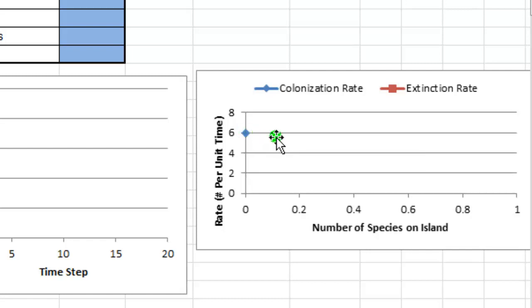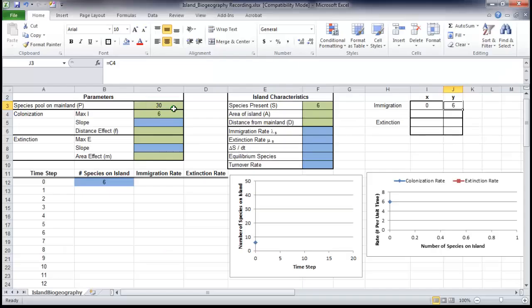Now, Jed also said that this relationship, this line, will go down, and when the number of species hits 30, then the colonization rate will be 0. So we have a second point on this graph: the x value would be 30, and the y value would be 0. We'll plot that here.